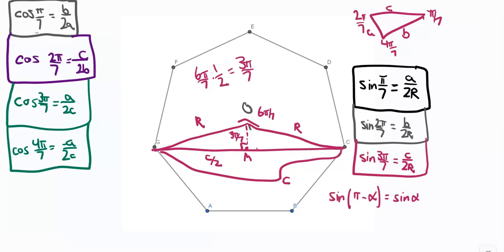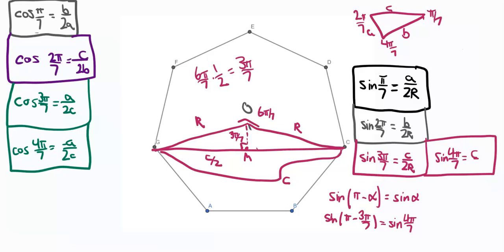They're all positive. So if we take the sine of pi minus 3 pi over 7, we get the sine of 4 pi over 7. So the sign remains positive. So as I draw in this second box here, the sine of 4 pi over 7 is equal to C over 2R. So all those sine ratios are positive.